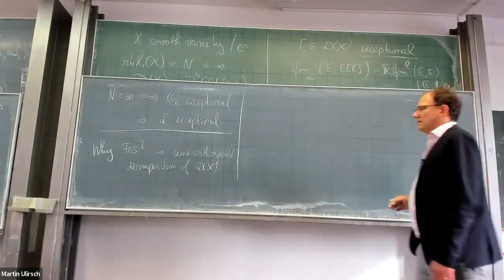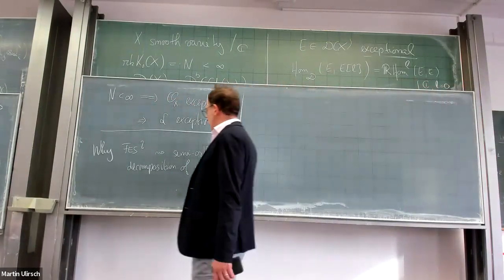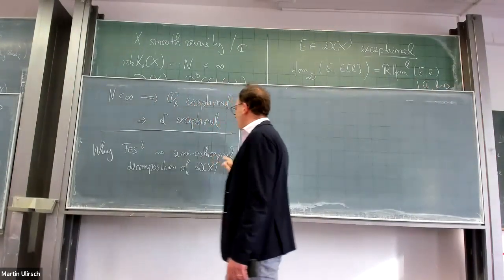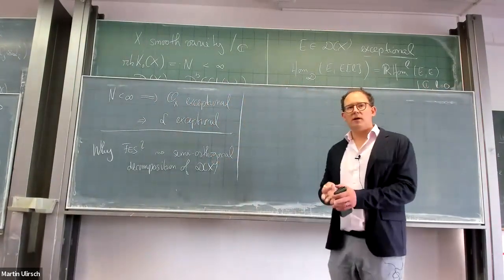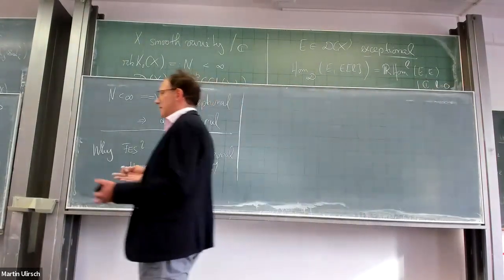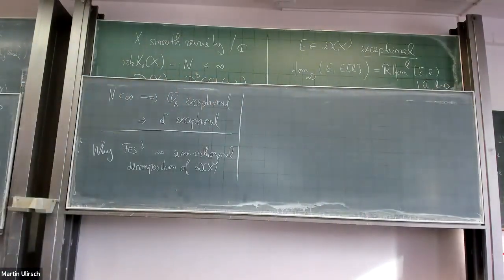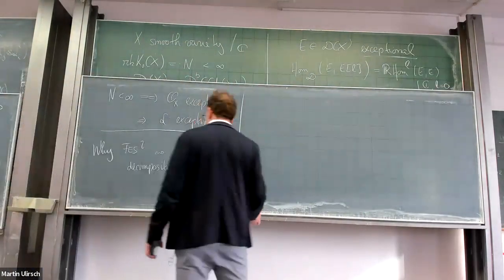There's a formal definition that basically means that you break up the derived category into smaller pieces, which hopefully can be understood. This way, you can think of a semi-orthogonal decomposition as a first structural approach to understand the derived category.